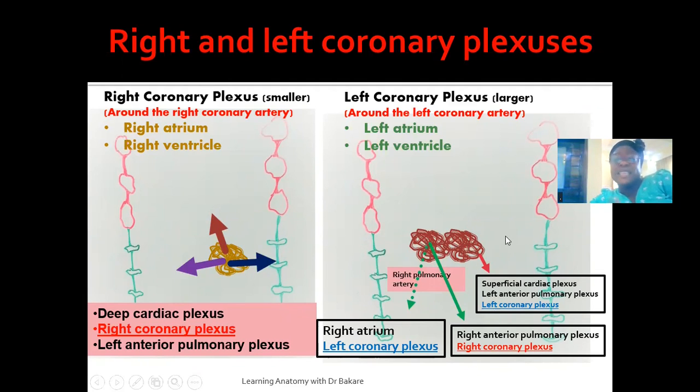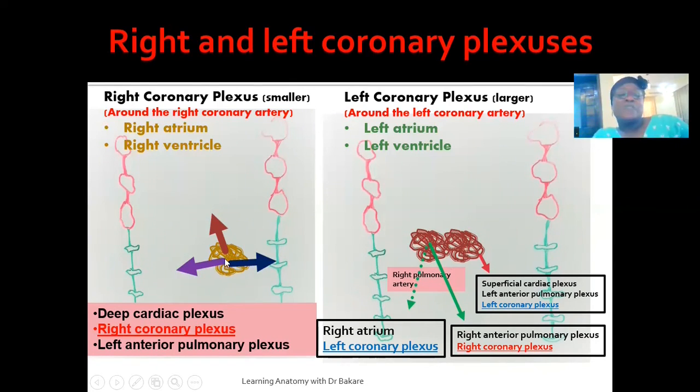So you see that the left coronary plexus only receives branches from the deep cardiac plexus on both the right side and also on the left side. And this is what is highlighted here in blue. The superficial cardiac plexus is not seen to supply or give branches in the formation of the left coronary plexus. Both the right side and the left side of the deep cardiac plexus are seen to give off branches to form the left coronary plexus.